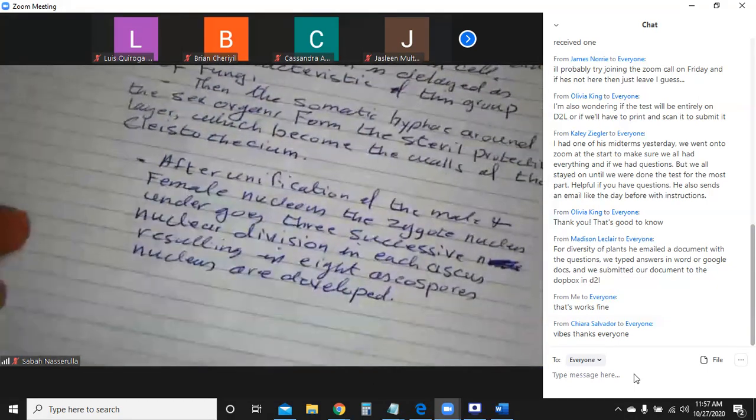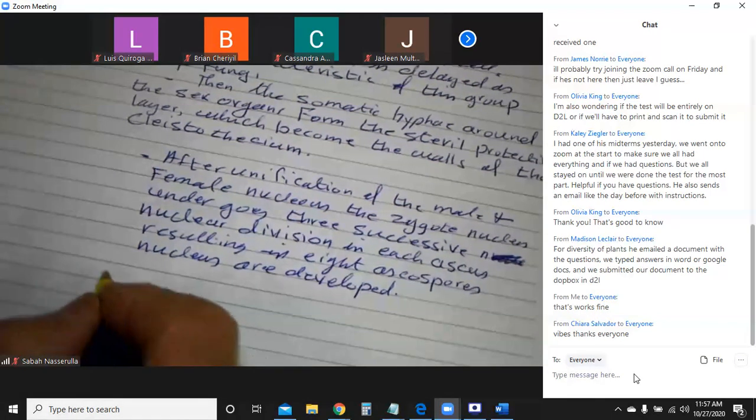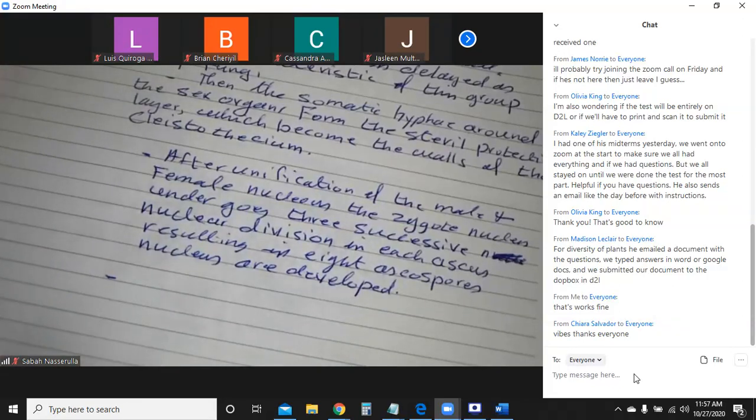Now, once you mention this one here, in each clistothecium, as I mentioned, one ascus or more could develop, and that depends on the species.